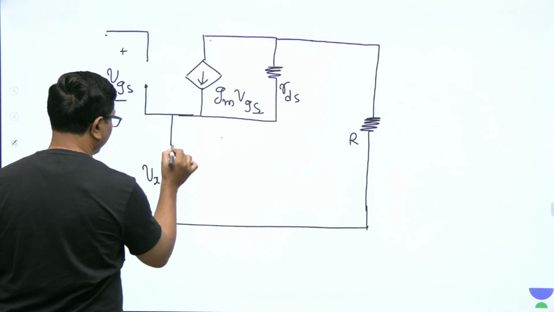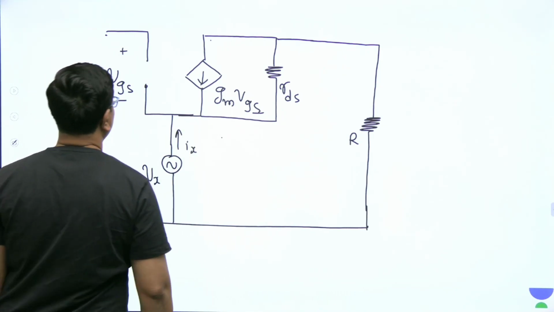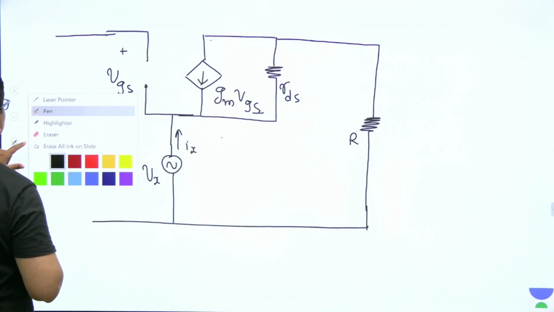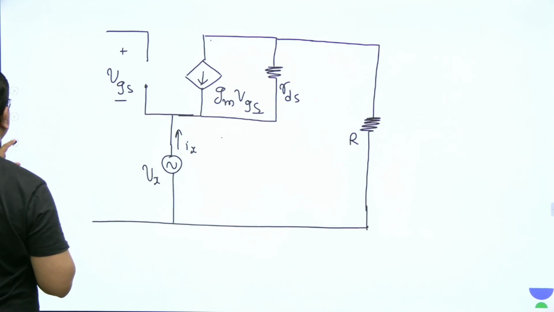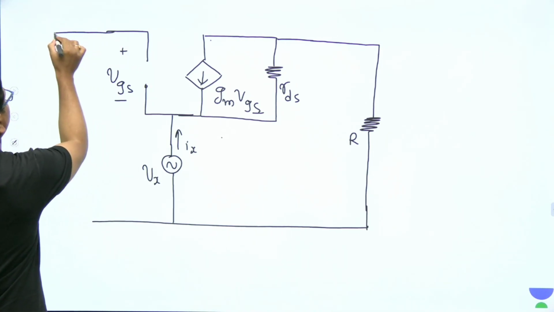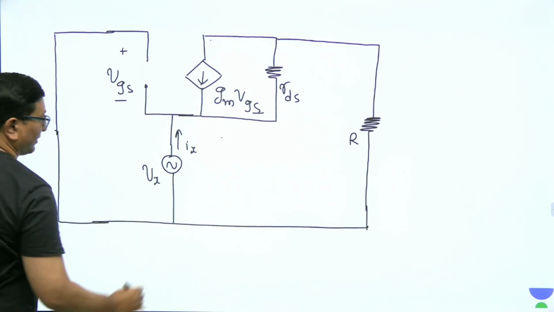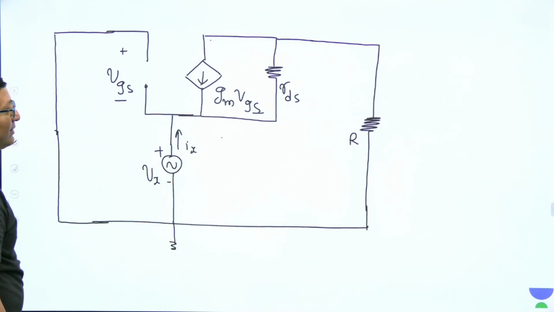This current is Ix. The gate is also going to ground, like this, with plus minus polarity as I am taking.